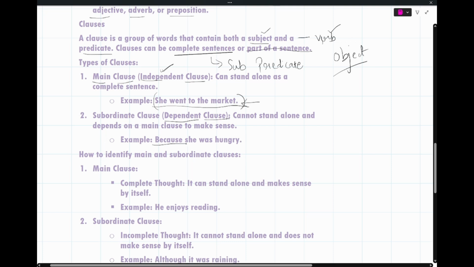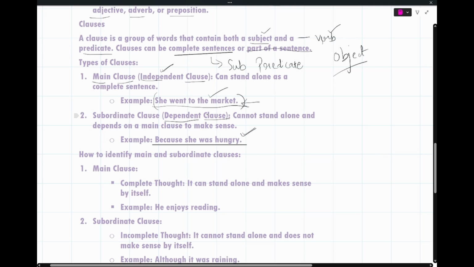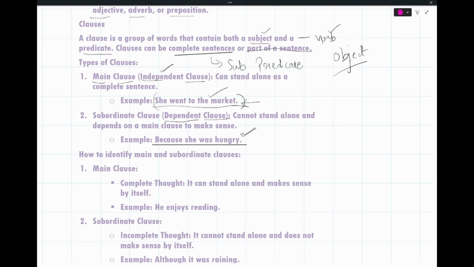Like, because she was hungry. This is dependent on the main clause for it to make sense. She went to the market because she was hungry will be the full sentence. In that, because she was hungry is the reason why she went to the market.